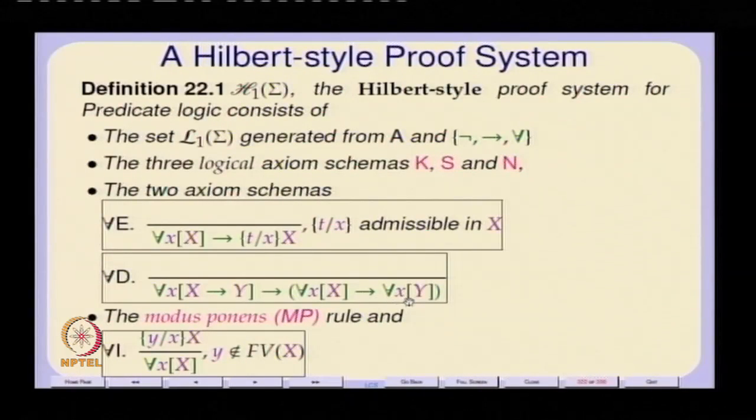Because in particular, the bound variable x here is restricted in scope to this body x, and the bound variable x here is restricted to the scope of this body y, and they need not be the same. So you may not be able to factor out the universal quantifier easily, but you can distribute it definitely.